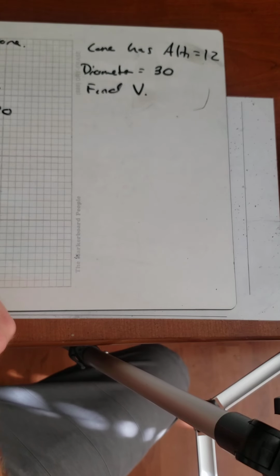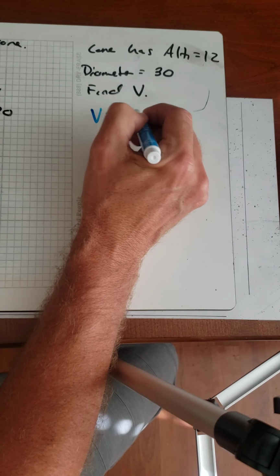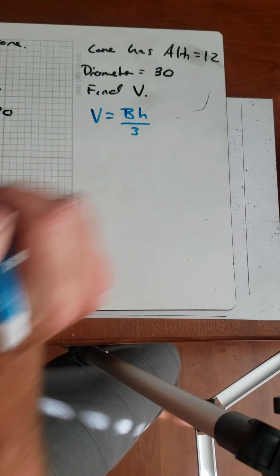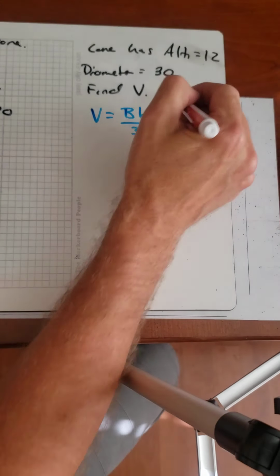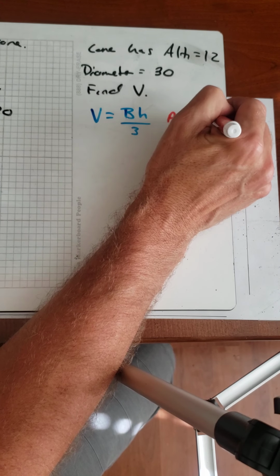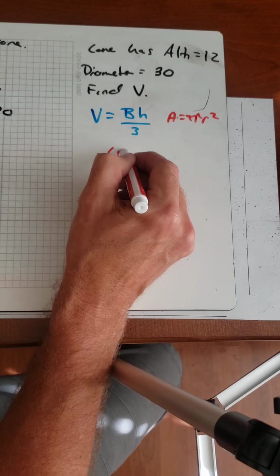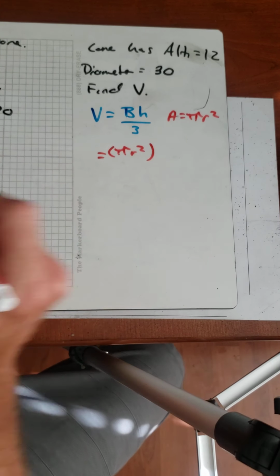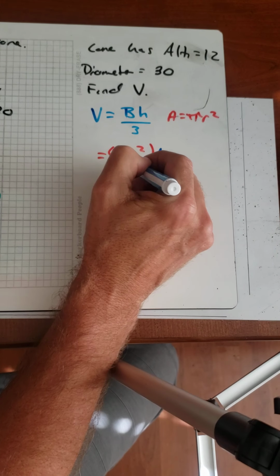The equation I'm going to use is V equals, and this time I'll do it like this for those of you that prefer it, area of the base times height divided by 3. For this one, my area of the base is a circle, so that's pi r squared. So my new equation is pi r squared times the height divided by 3.